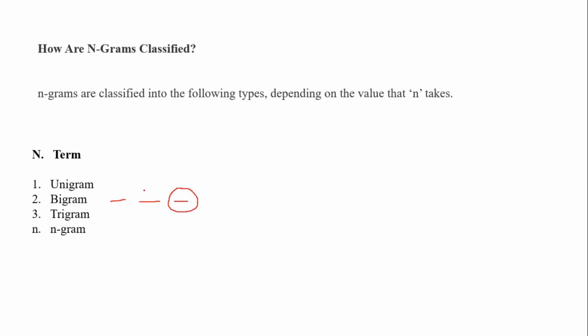I can predict this based on the previous word, so here I'll be using one word of history, the word previous to the word I'm going to predict. And trigram, in this case we take the history of previous two words. So if I want to predict the fourth word, I'll take the help of the previous two words for prediction, and so on. We'll see more about this with examples.